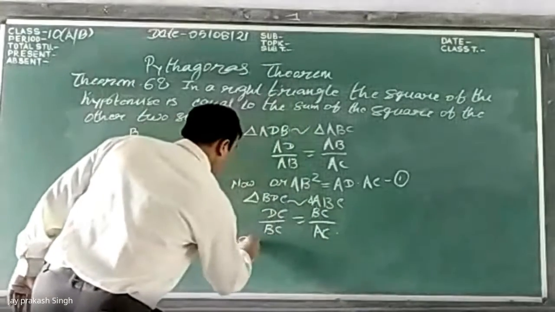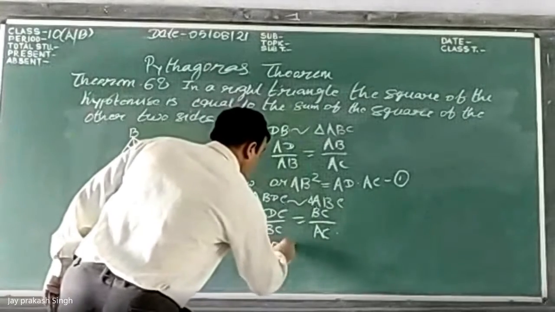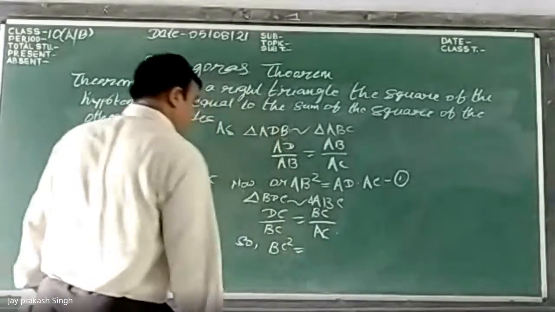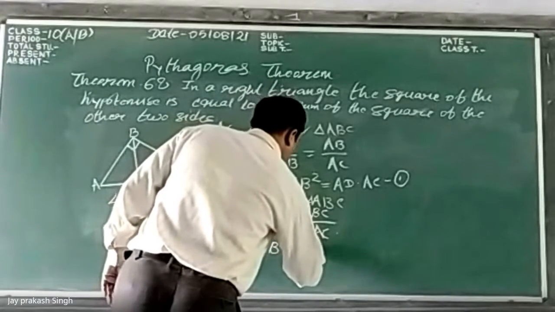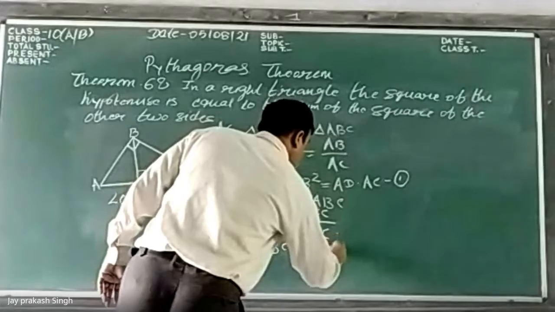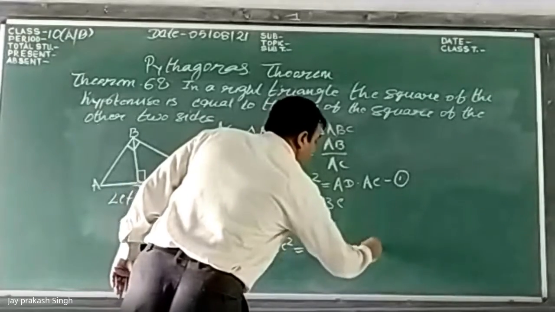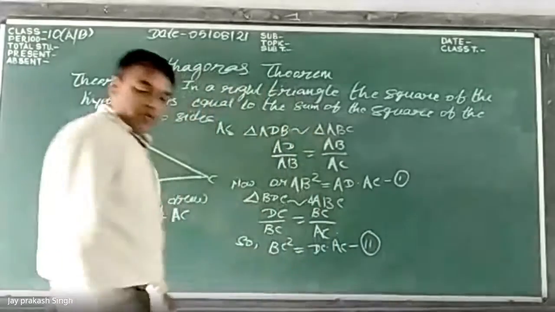So we will get BC square equals DC dot AC. That was the second one.